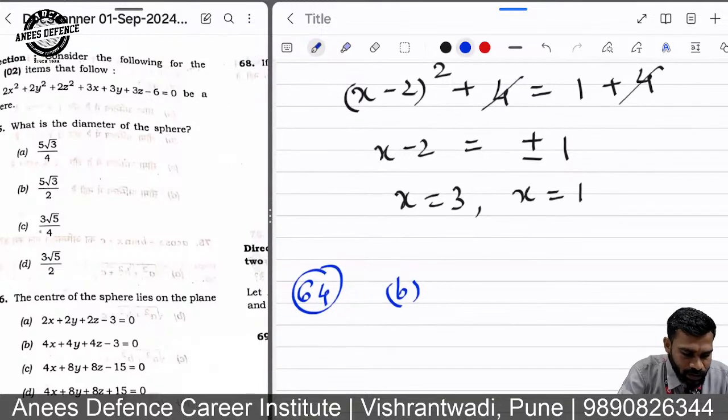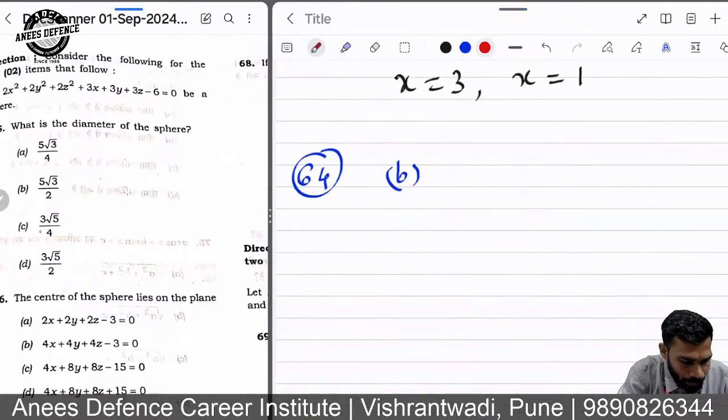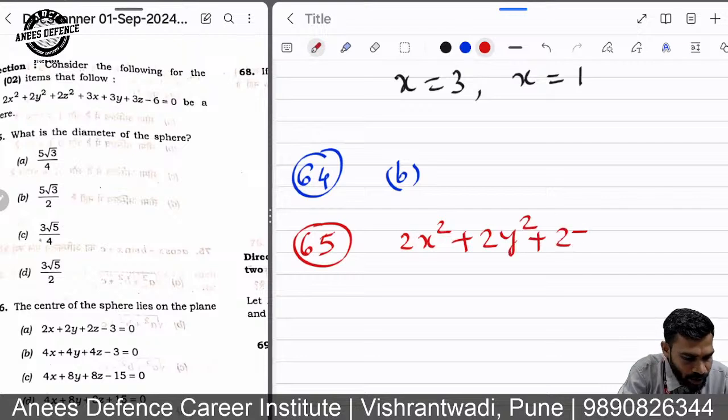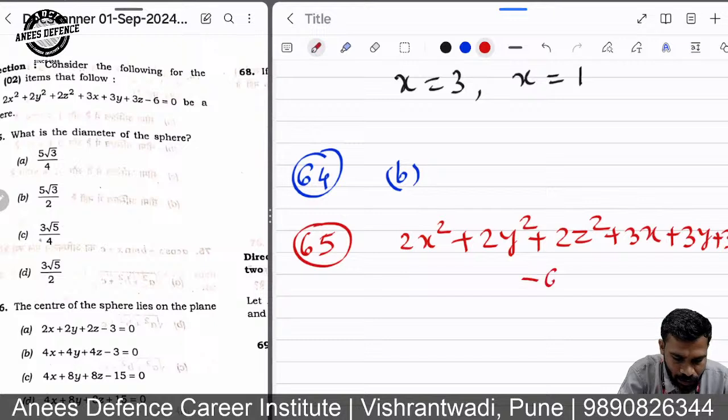This is very easy. What is given here? Question number 65. 2x square plus 2y square plus 2z square plus 3x plus 3y plus 3z minus 6 is equal to 0.